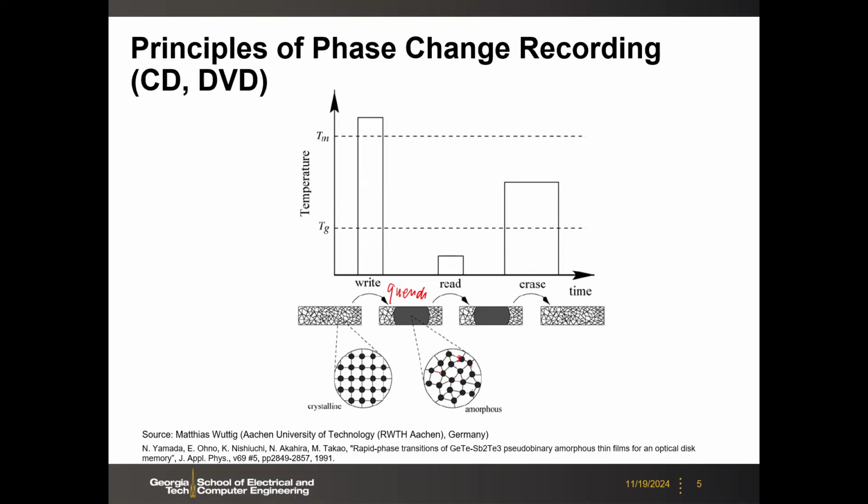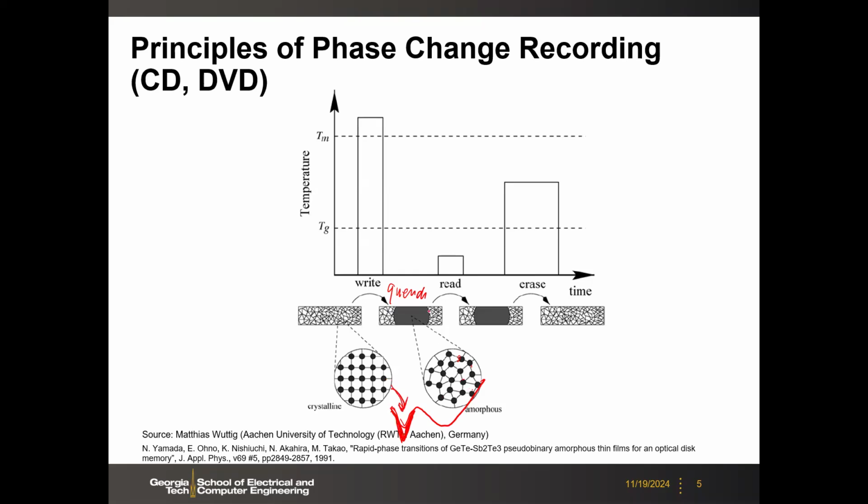So from the energy point of view, the system will have lower free energy when the atoms are in the crystalline phase. That's a more stable phase. When the atoms are in this ordered phase, the system energy is lower, okay?